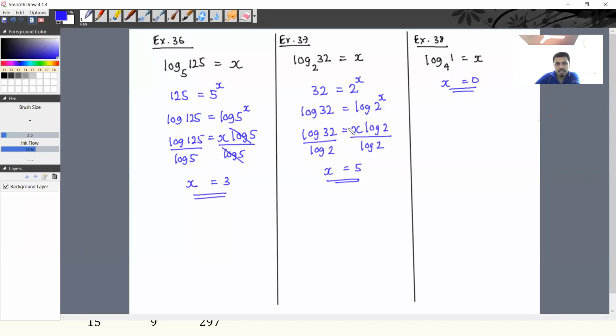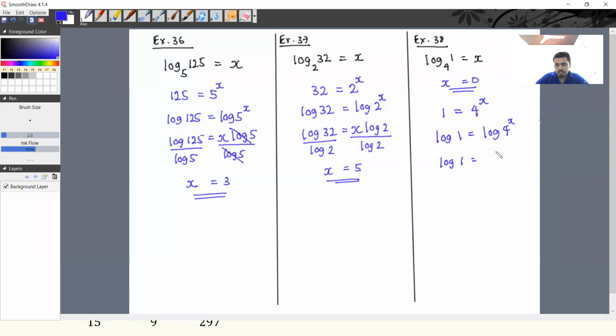In this manner, how can we get the same answer? Look here. 1 equals 4 to the power x. The power value is unknown, so we need to apply logarithm. Log of 1 equals log of 4 to the power x.